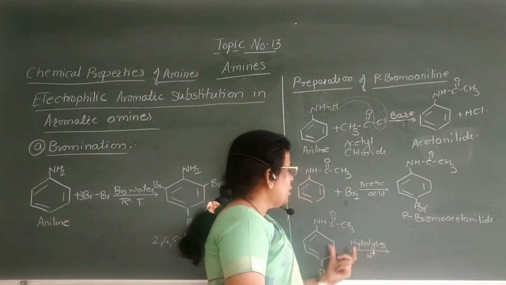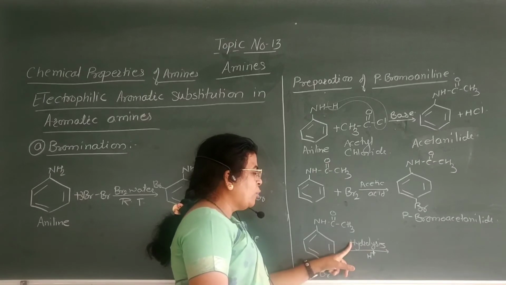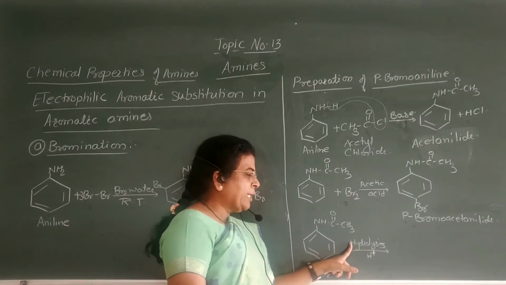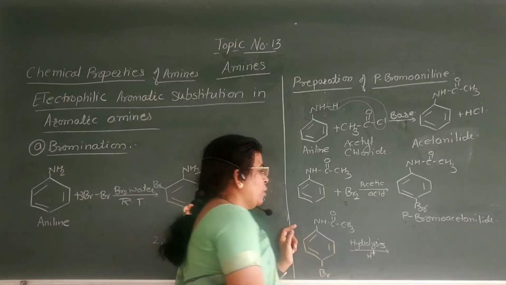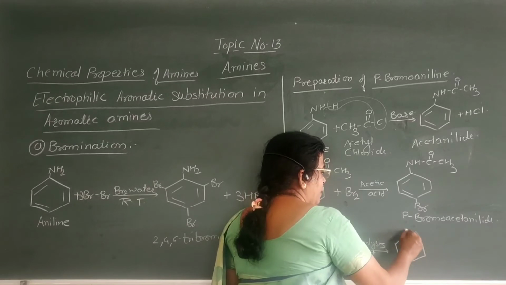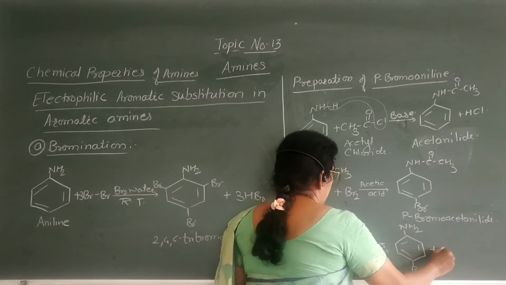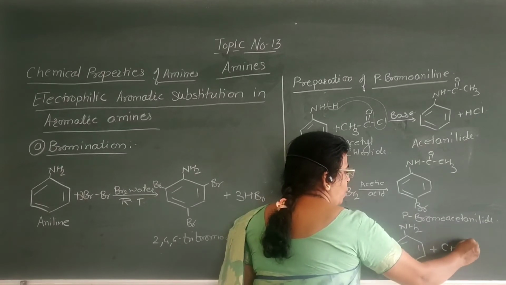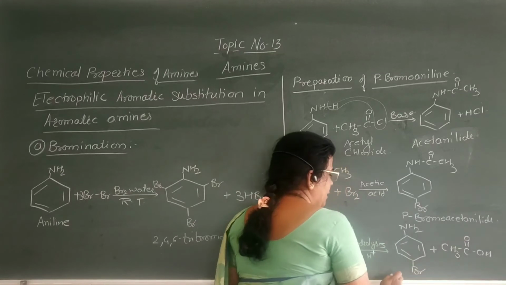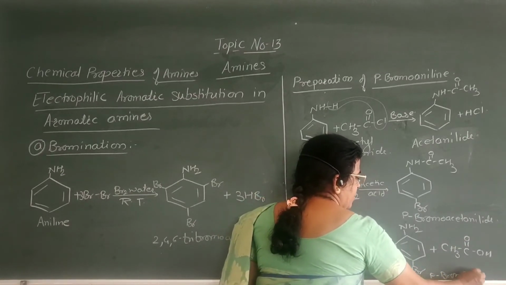We get monobromoacetanilide. Now this monobromo or parabromoacetanilide is hydrolyzed in the presence of a base or an acid; both acid and base hydrolysis can be carried out. Then we get NH2Br plus CH3COOH, and this is parabromoaniline.